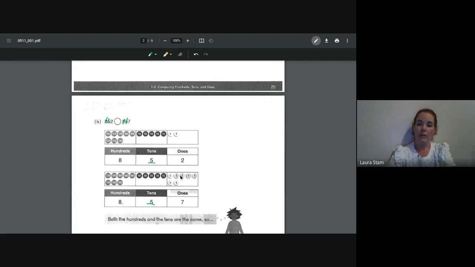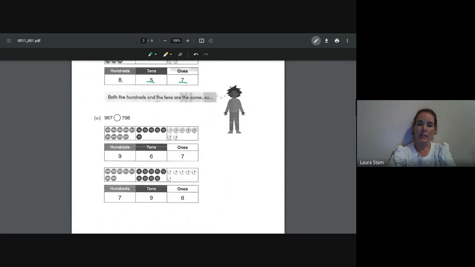We have a 2 and we have a 7. Well, 2 is less than 7. So this problem, 852, is less than 857. And see, I have this 1 point pointing to the smaller number and the 2 points pointing to the larger number.